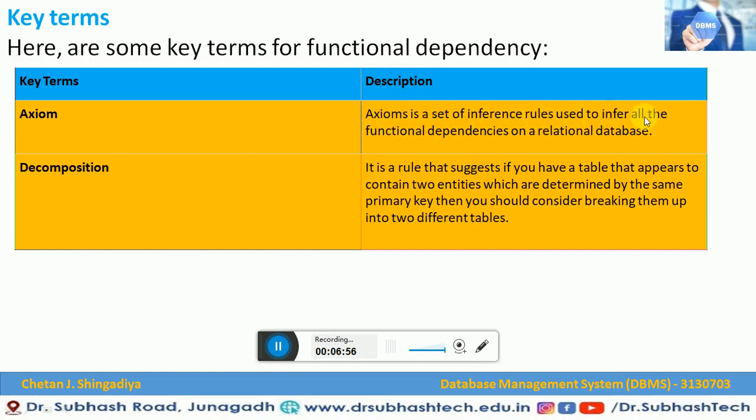When we want to derive some functional dependency based on some other functional dependency, we use these inference rules. So using this inference rule, we can derive the additional functional dependency from the initial set. This is the basic importance of inference rules. The functional dependency has 6 types of inference rules. Let us understand those 6 rules with an example.